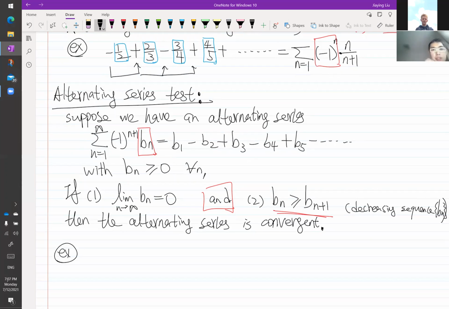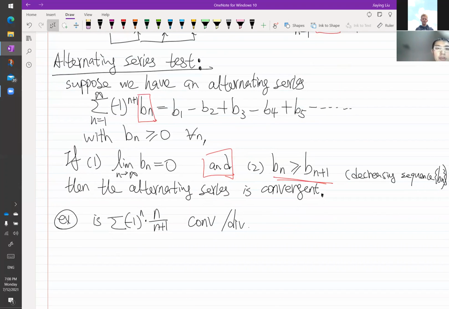Let's take the example above: is the series of -1 to the n over n plus 1 convergent or divergent? That's the one we're given. The first thing I'm going to do is identify bn.